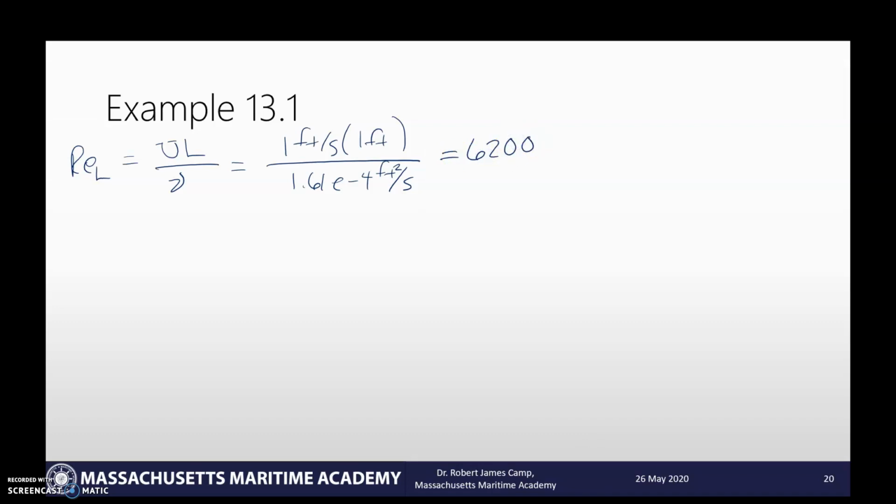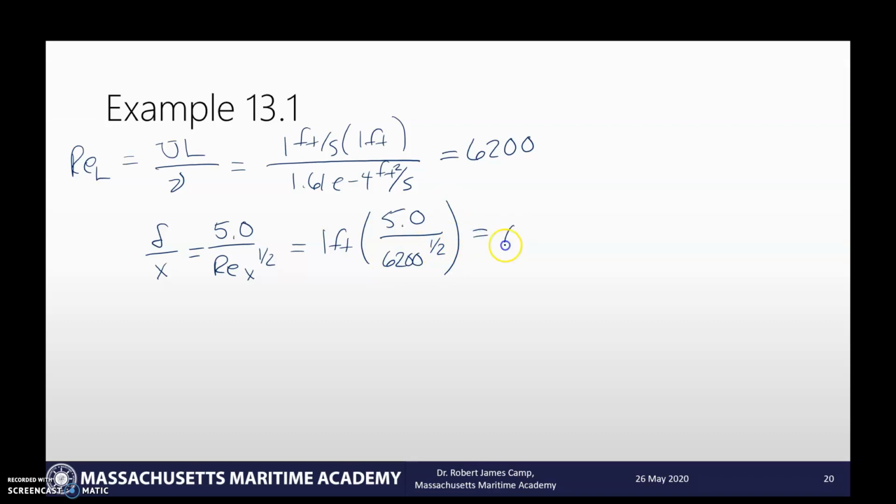So this is laminar flow. So we go to our approximation, the boundary layer thickness over the location, delta over x equals 5.0 times Reynolds number based on x to the 1/2. And so that's going to equal, our x is 1 foot, multiplying through, 5.0 divided by 6,200 to the 1/2.